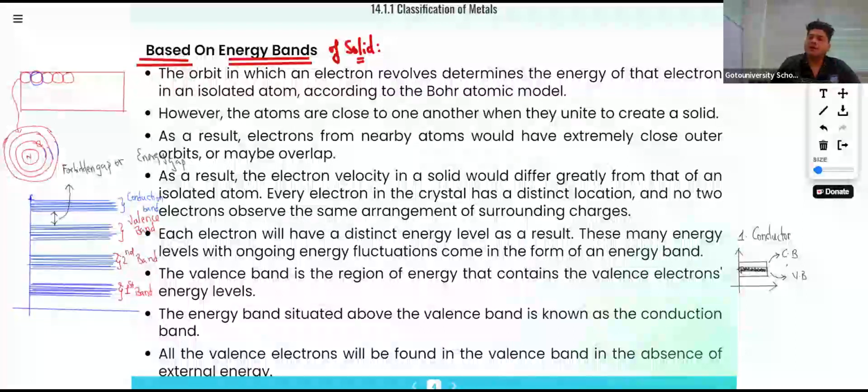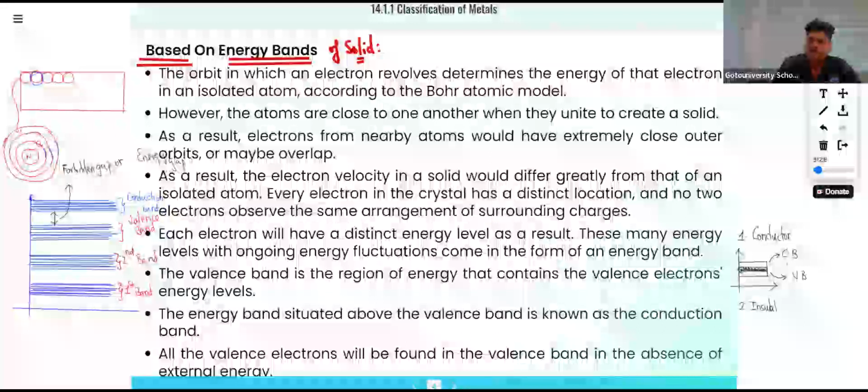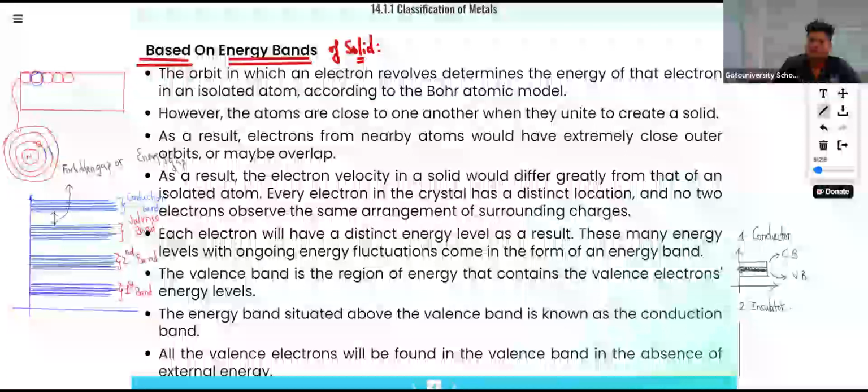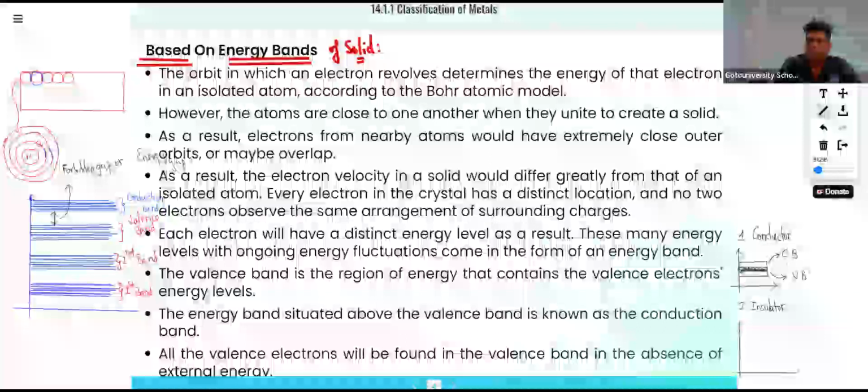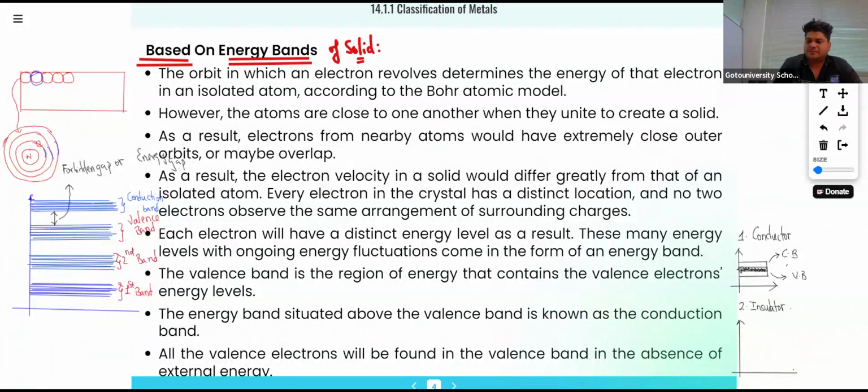Okay. Now let's see the next one. Next is the insulator. In the case of an insulator, the distance between the valence band and the conduction band is greater than 3 electron volt.